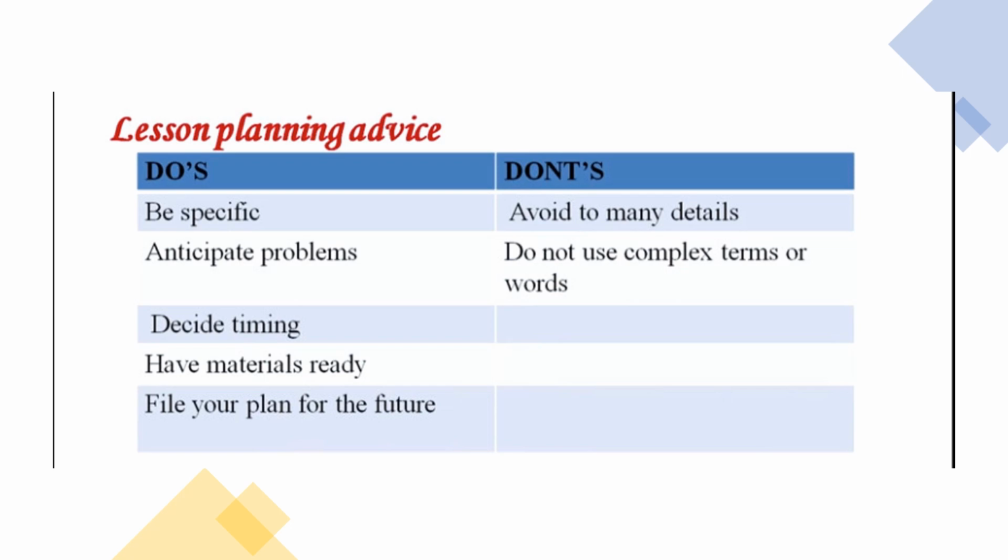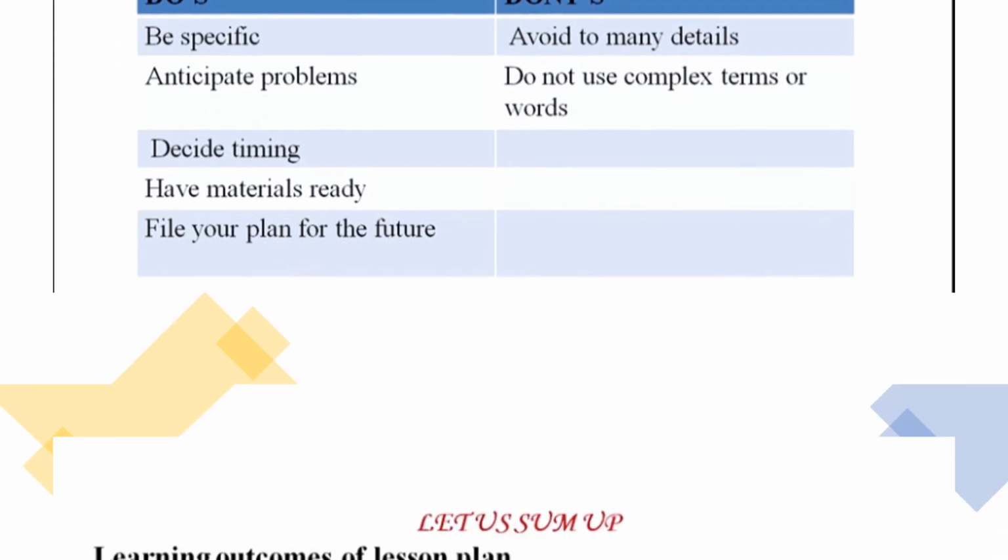Right here, I love when the students do a lot of talking and the teacher does less. So try to have them speaking more. That will help to bring out their thinking span. And another don't, do not use complex terms or words.